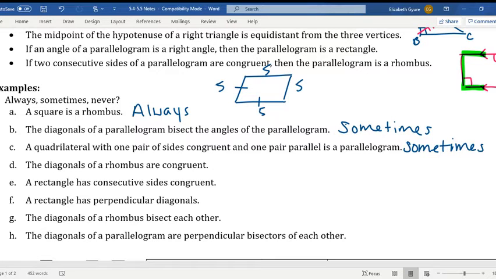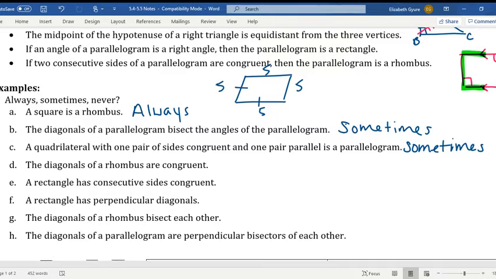Okay, the diagonals of a rhombus are congruent. Always, sometimes, or never? So, diagonals being congruent. Take a look up at all the things we just defined. Which shape has congruent diagonals? A rectangle.